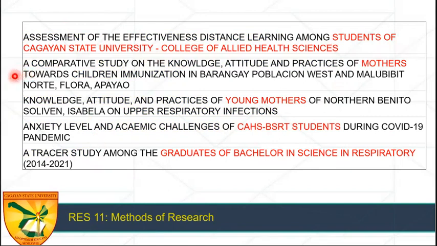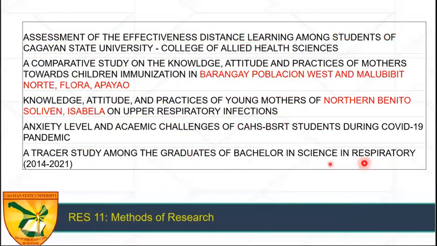For the second example, the population here are the mothers, or specifically the mothers in Barangay Poblacion West and Malubibit Norte, Flora, Apayao. For the third one are young mothers. For the fourth one, the CAS BSRT students. And for the fifth one are the graduates of Bachelor in Science in Respiratory Therapy.